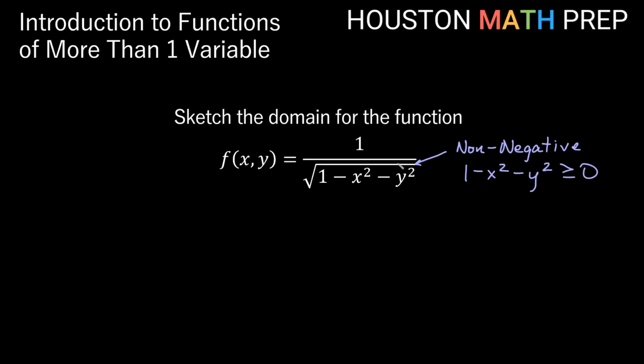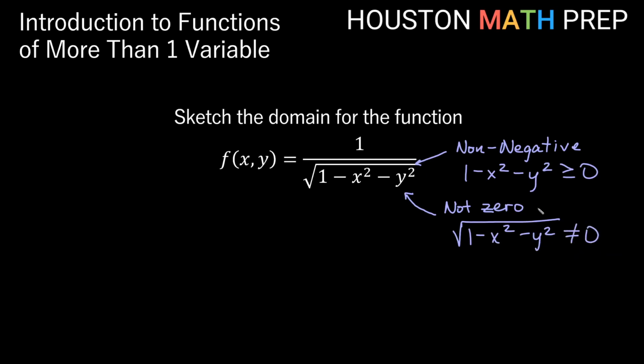Now, additionally, we have 1 divided by this expression here. So I know that this entire thing in the denominator should not be equal to 0, right? We don't want to divide by 0. So that tells me that the entire denominator, the square root of 1 minus x squared minus y squared, should not be equal to 0.